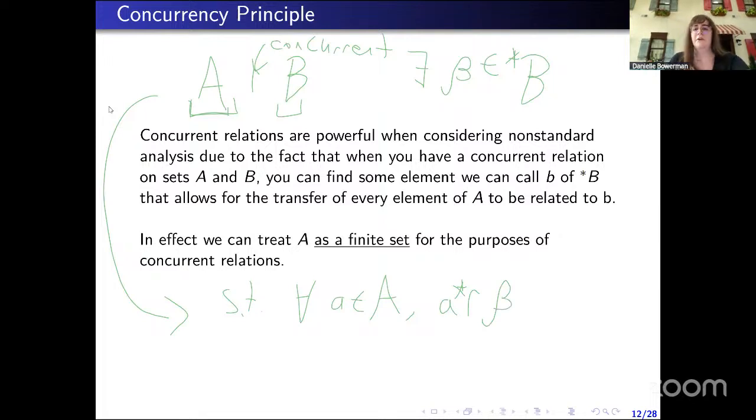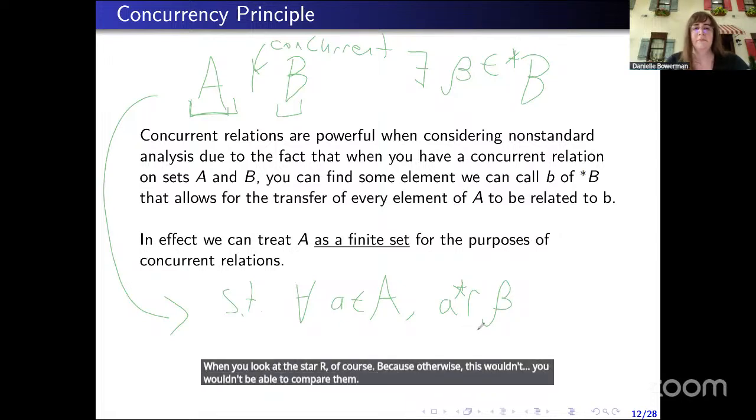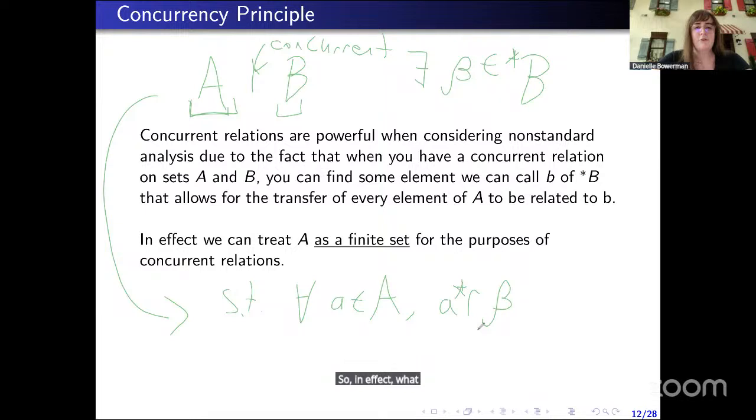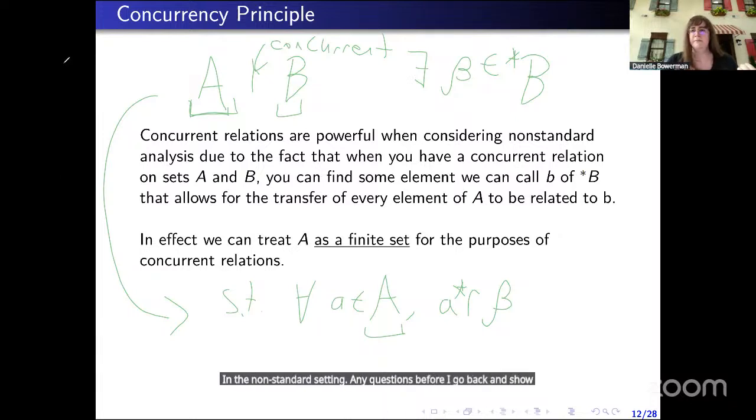When you look at the star R, of course, because otherwise you wouldn't be able to compare them. So in effect, what you're doing is treating A as a finite set in the non-standard setting. Any questions before I go back and show sort of an example?